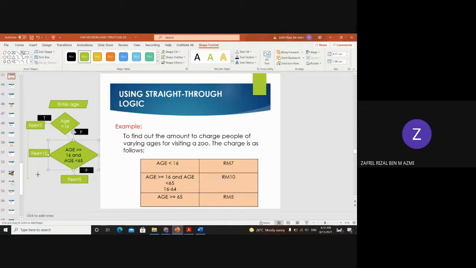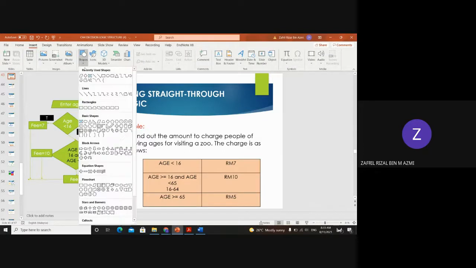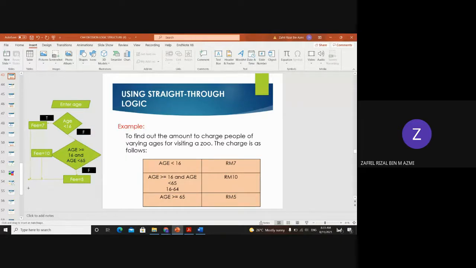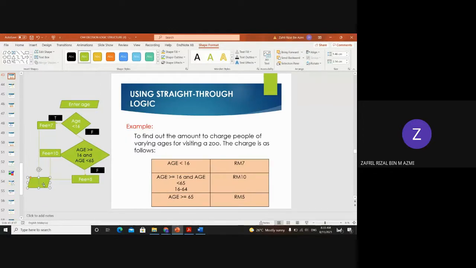This is the meeting point. Then it will go to the next statement, anything. For example, in this case, the statement is print the output. Print fee.